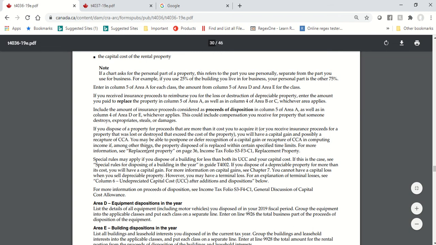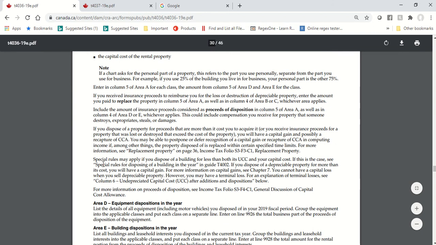Keep in mind as well, more importantly, getting back to the topic of CCA, that you may be able to postpone or defer recognition of capital gain and recapture of CCA in computing income if, among other things, the property disposed of is replaced within certain specified time limits. For more information, see replacement property.